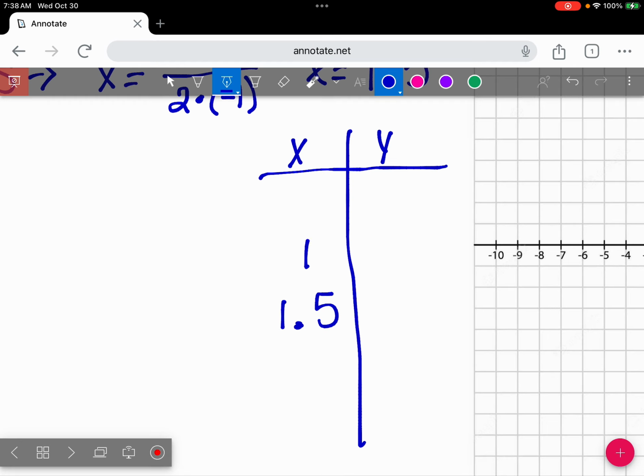What's something bigger than 1.5 by the same amount? 2. So I went down by 1/2 and up by 1/2. So it doesn't matter how big our steps are. I just need to go to either side the same amount, because that'll let us still use the fact that it's symmetrical.